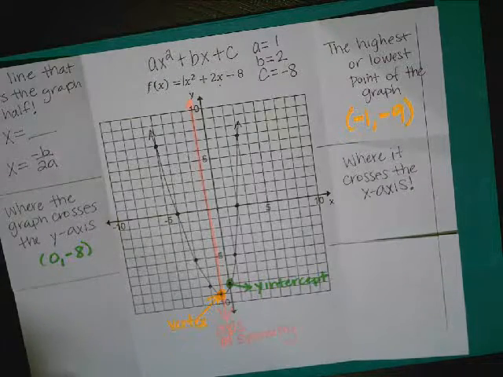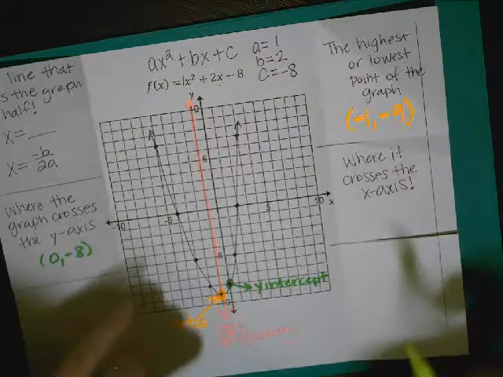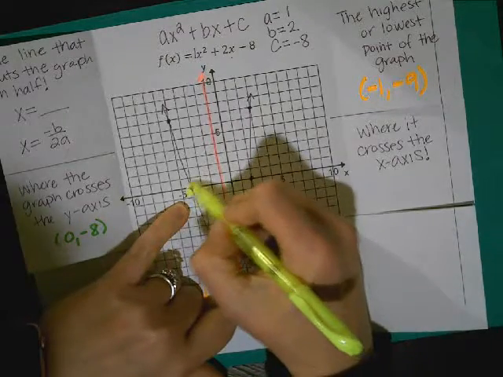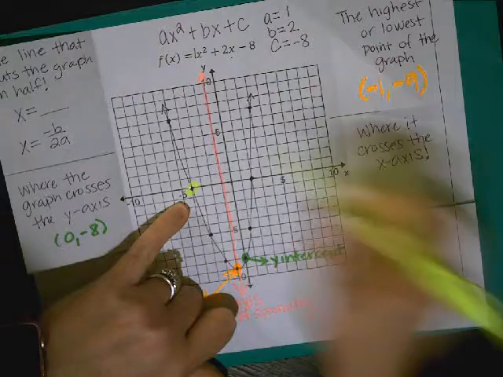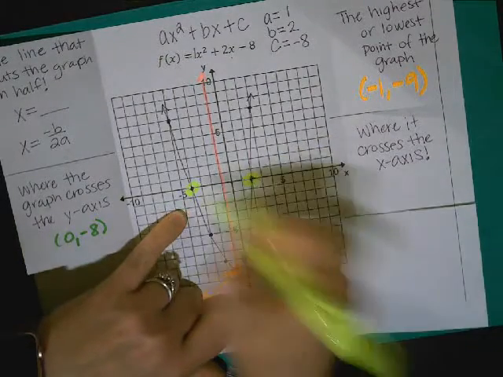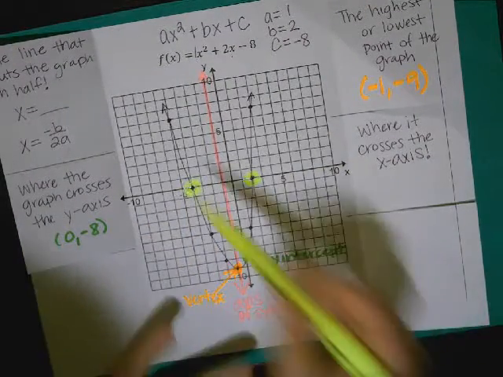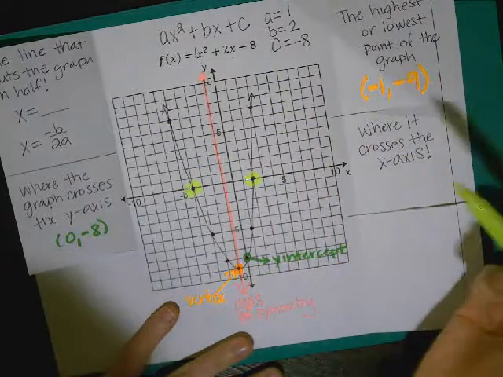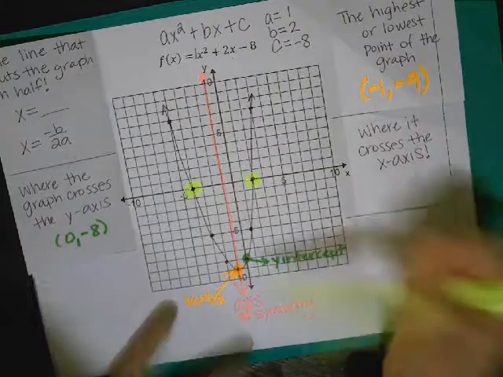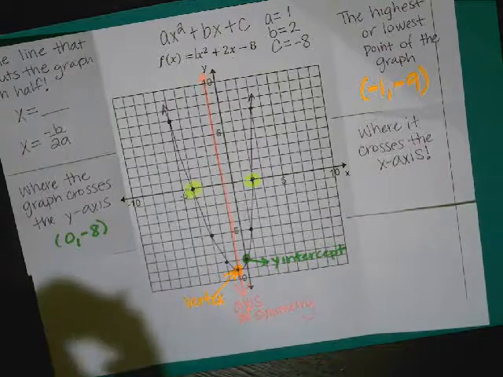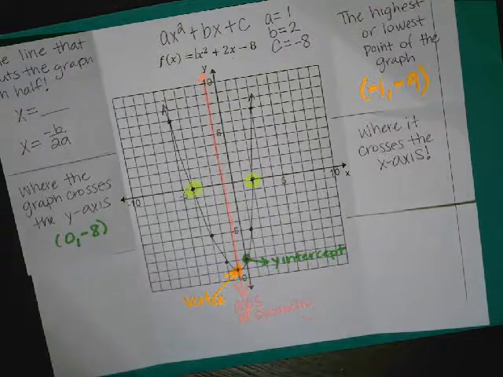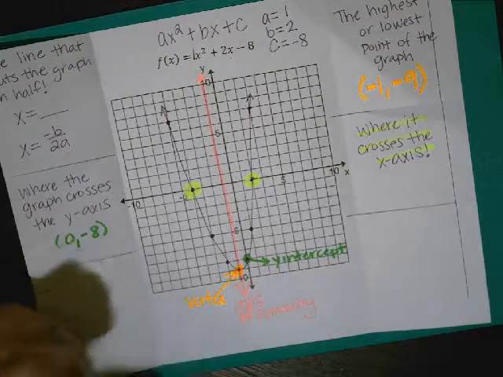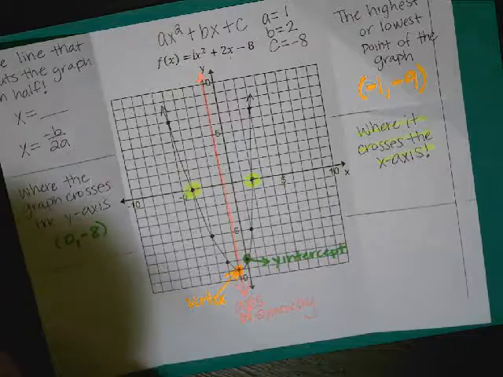So on this specific problem, this graph has 2 x-intercepts. It has one here, and it also has one here. Okay, but it can have 2 x-intercepts, or it could have 1 x-intercept, or it could have no x-intercepts. It could never cross the x-axis. So there's multiple different ways that we could have a solution on these types of problems, okay?